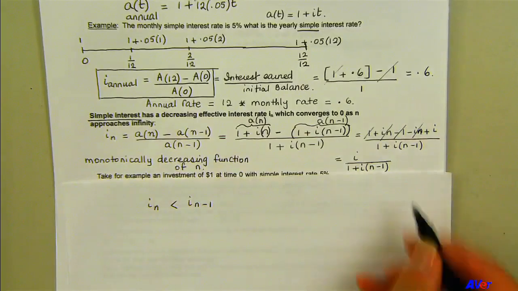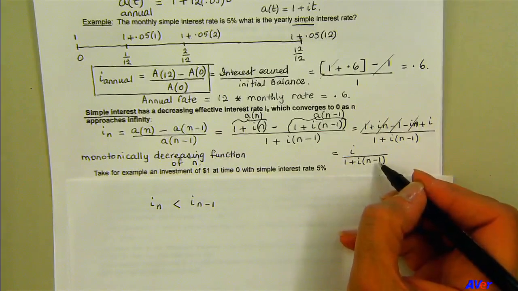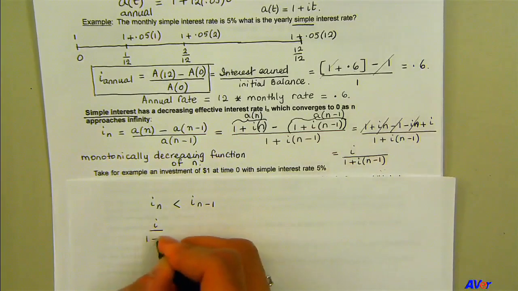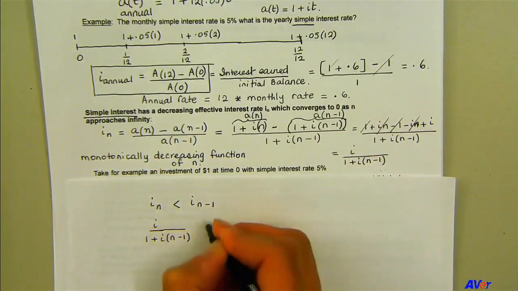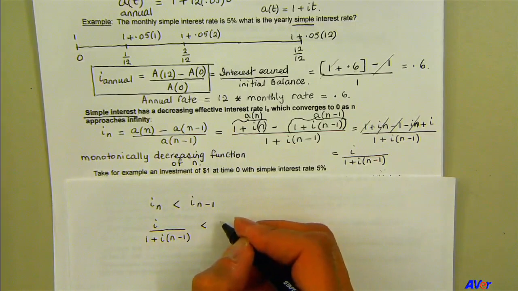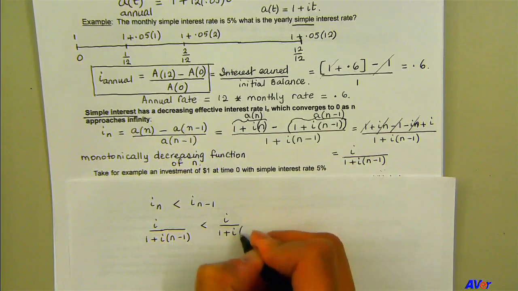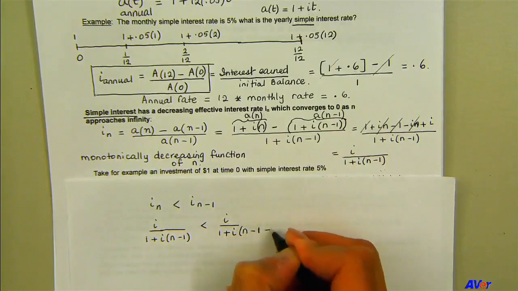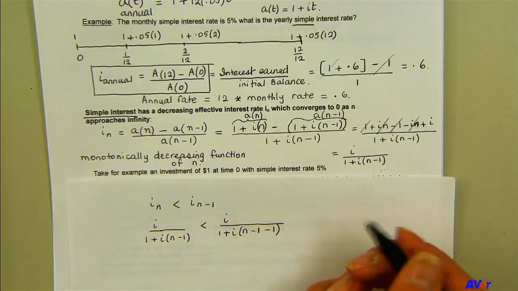And then I would have shown that this is decreasing, correct? So I of n is I over 1 plus I times n minus 1. And I of n minus 1 would be I over 1 plus I times n minus 1 minus 1. So n minus 2 on the bottom.